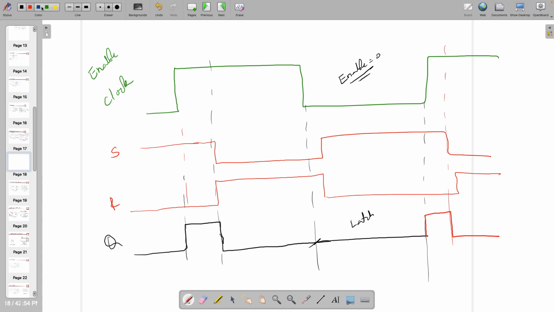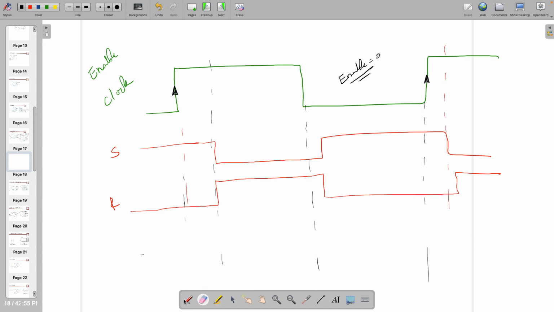But in the case of a flip-flop, that is not going to happen. Flip-flop will look at the input only at, let's say, if it is positive edge triggered, in that case, it will check the input at this point. So both are 0. So this is set equal to 1. So it's going to give me 1 output and it will stay there.